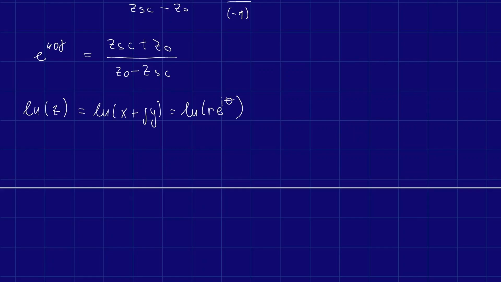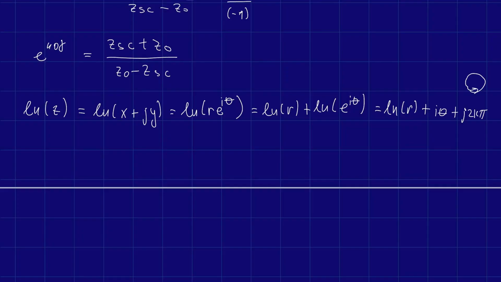Okay, so this is the modulus and the phase, and by the property of logarithms we can just rewrite this as the natural logarithm of r plus the natural logarithm of e to the i theta. Sorry, I rewrote it badly, and this is just equal to the natural logarithm of r plus i theta, and we have plus j 2k pi because we are dealing with complex numbers. So every circle, once we do a whole circle, this repeats.